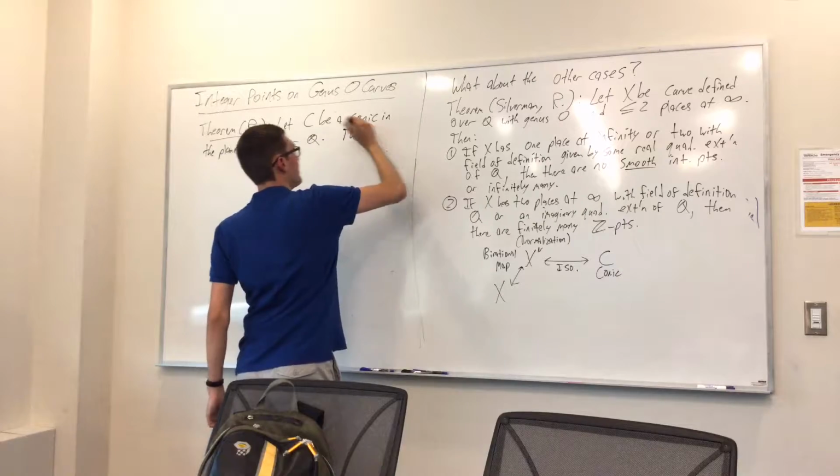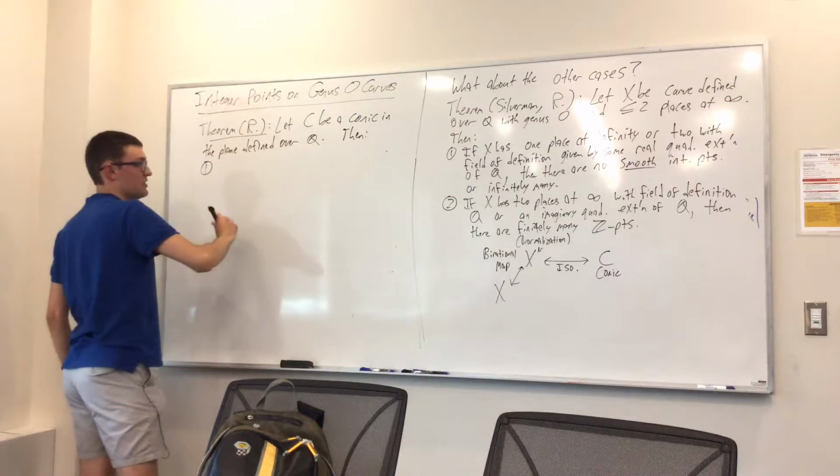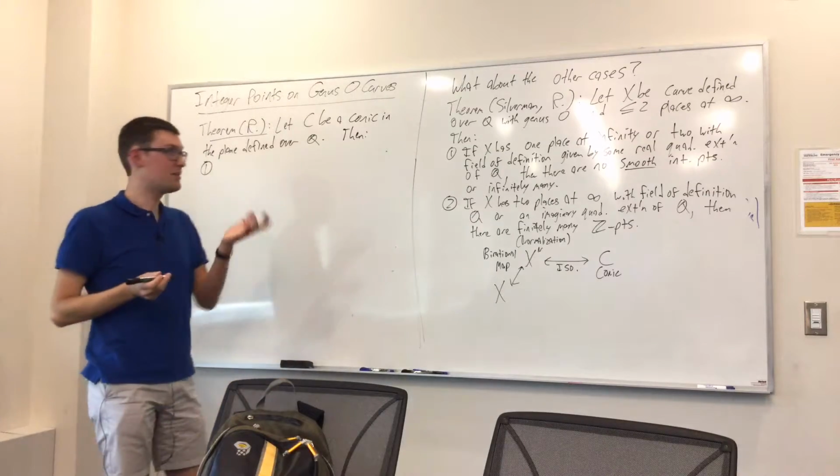So what's the story about integer points on conics? I very deliberately write it to be parallel with our main theorem.